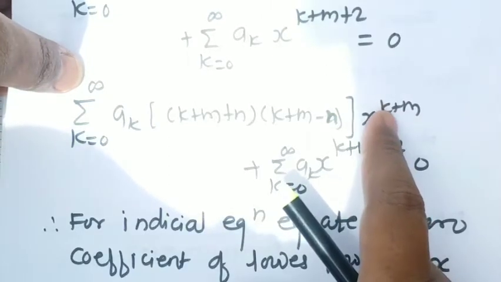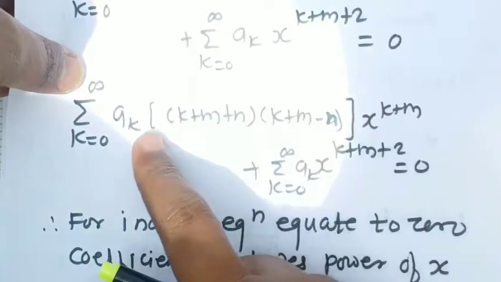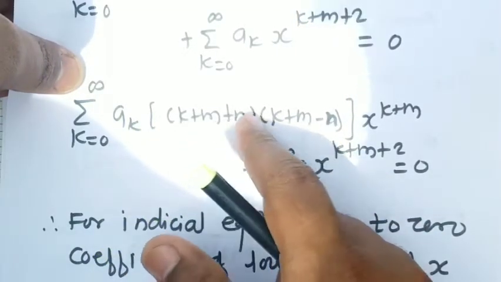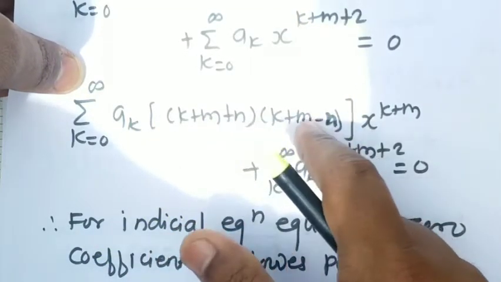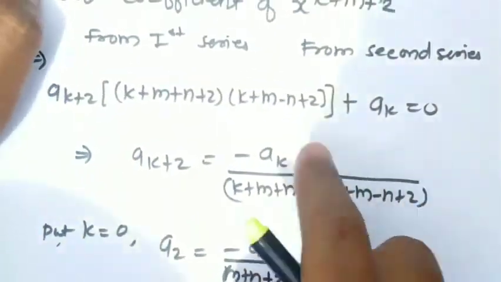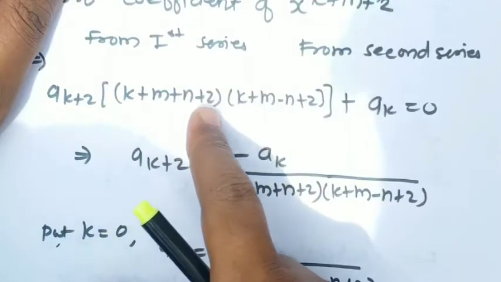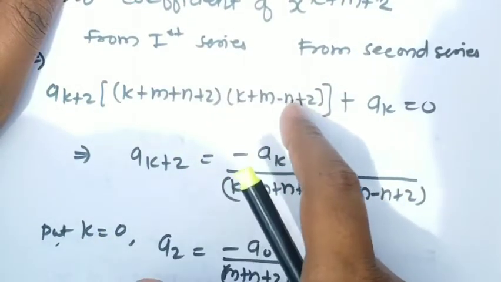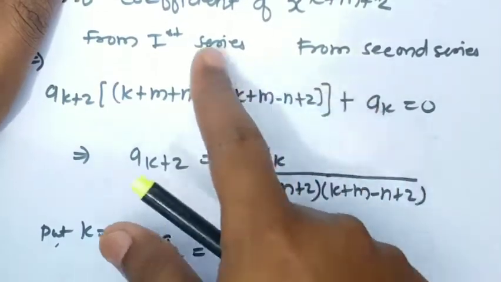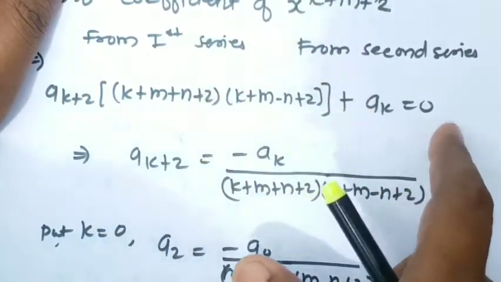If you replace k by k plus 2 in this coefficient, we'll get ak plus 2 into k plus m plus n plus 2 into k plus m minus n plus 2, plus ak from the second series. This is from the second series, this is from the first series, equal to 0.